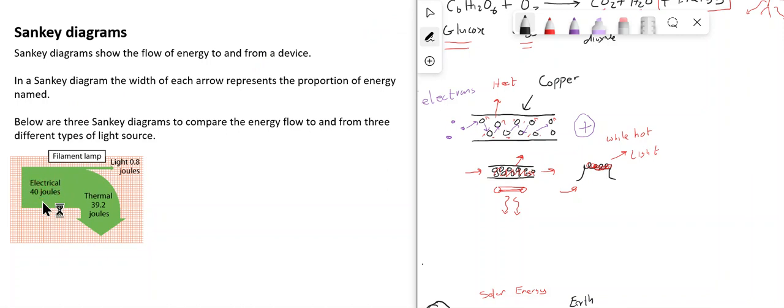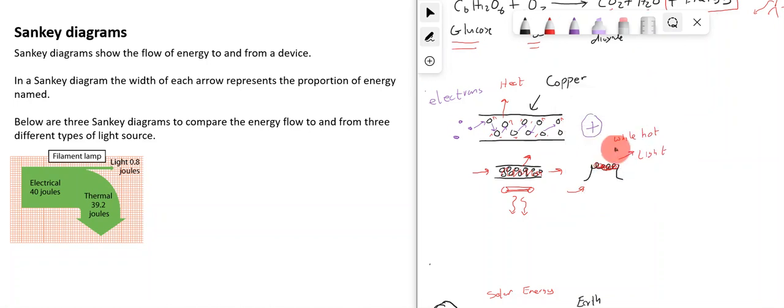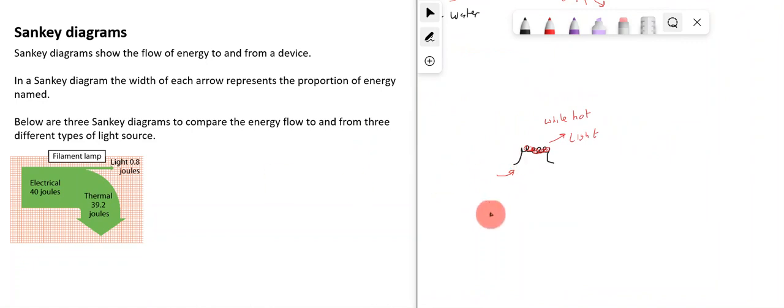So you have, for example, this part here represents the energy that's going in. If we take this and move this over here, so we can get an idea of what's happening. Imagine in this case that's represented in the diagram: you have 40 joules of electrical energy that's going in.